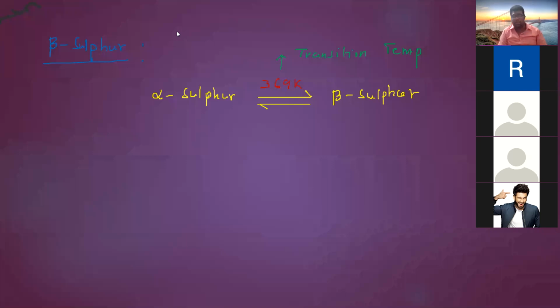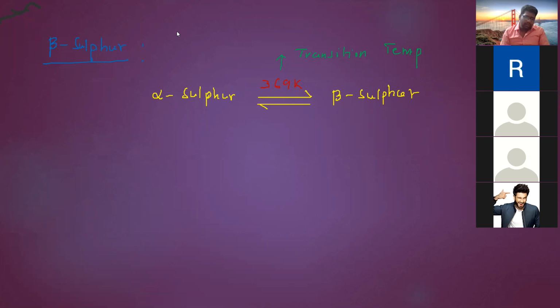Beta sulfur is also crystalline in form. It has a melting point, but a boiling point is not possible. Its specific gravity is very important. Which one has more specific gravity among alpha sulfur and beta sulfur? Definitely alpha sulfur has more specific gravity than beta sulfur.